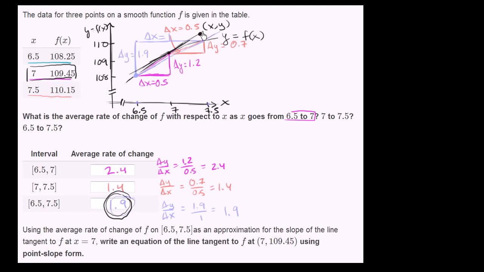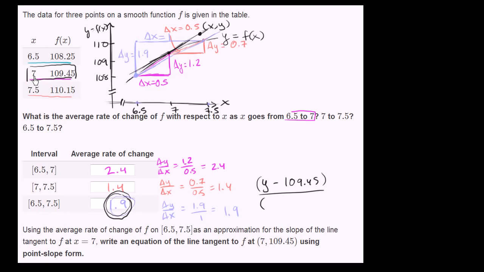So one way you could say is if you take an arbitrary point x y on this line, you could say your change in y, so y minus 109.45, over your change in x.